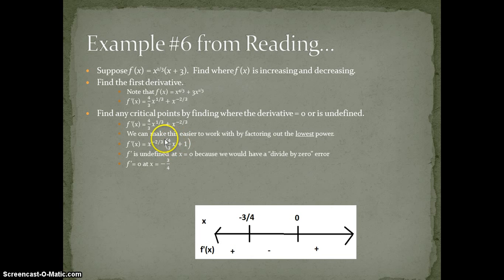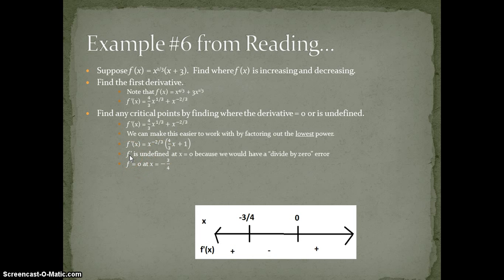Well, if you're going to go back and redistribute, you've got an x to the first times an x to the negative 2/3, which brings you back to your x to the 1/3. Another way of looking at it is we could just say, all right, 1/3 minus negative 2/3, taking away that power, would leave us with a 1 here. And of course, it leaves us with a plus 1 when we factor out an x to the negative 2/3 here. You got to be very careful here.